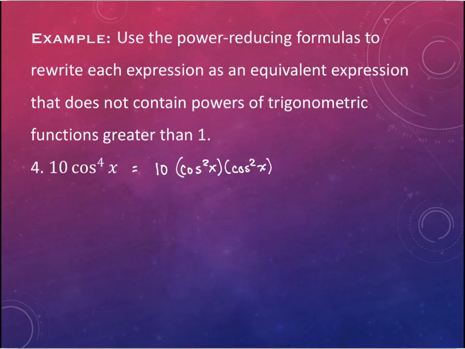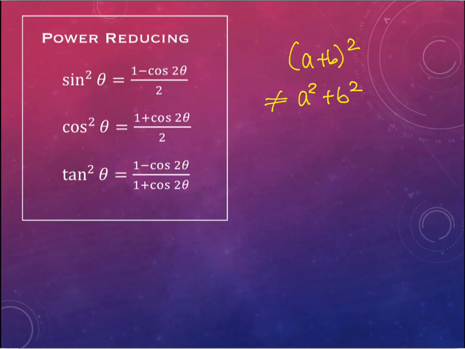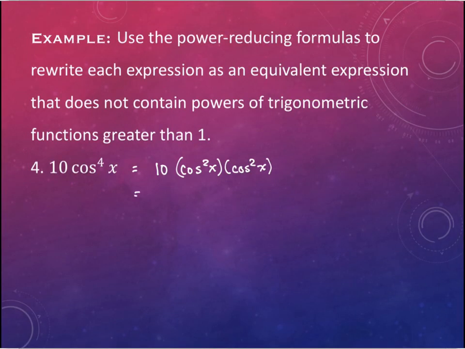What this means then is that I can actually use that formula for each of these individually. Does that make sense? Cosine squared is a formula I have. The cosine squared is actually equal to 1 plus cosine over 2. Okay, and it's cosine of the double angle, cosine of 2 theta over 2. So when I rewrite this now, 10 stays, I will rewrite this as 1 plus cosine 2 theta over 2.